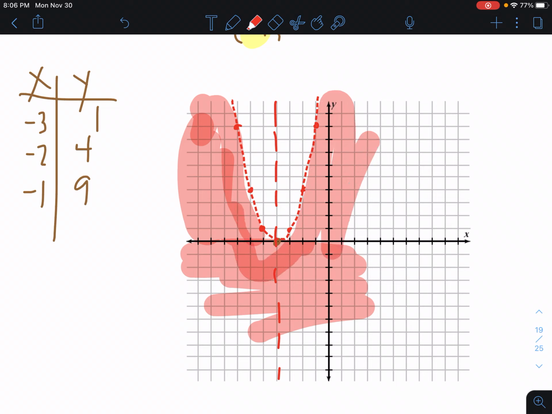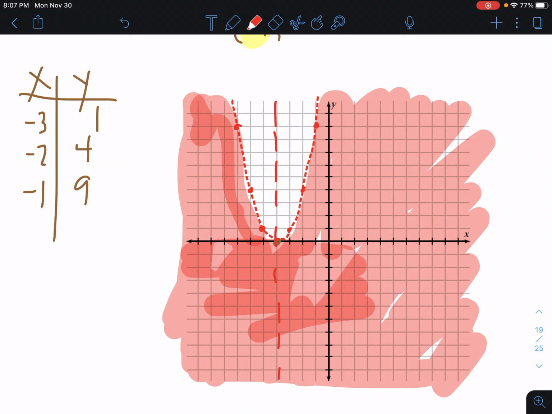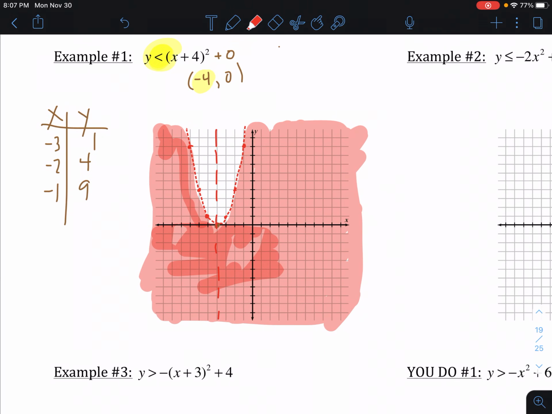It looks around, but we technically say this is below. All right, and then that's done. If anyone were to ask you to name solutions of it, you would name any points in the shaded area.